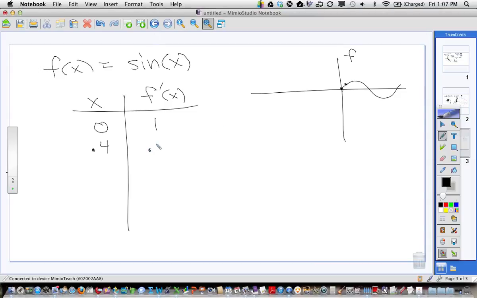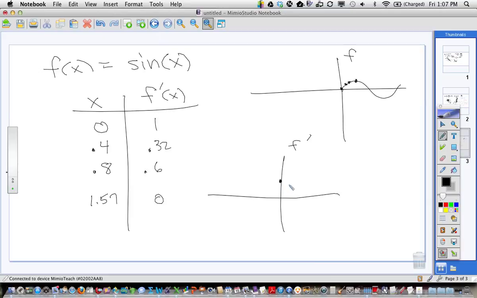So I don't remember what it was. I don't know, 0.32, whatever, who knows. Then we went to like 0.8, right? And we were in here somewhere. And the slope was like 0.6 something, right? And we kept going. Then we got to pi halves, 1.57 right here. And the slope is what? 0. And then we plotted those points, right? And what happened?